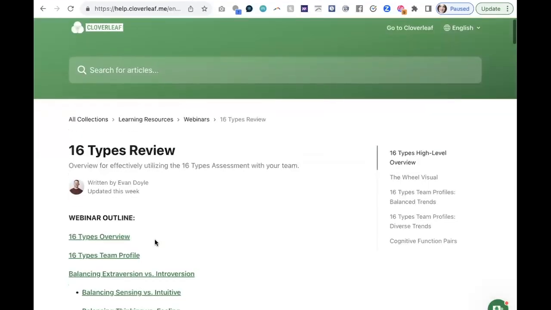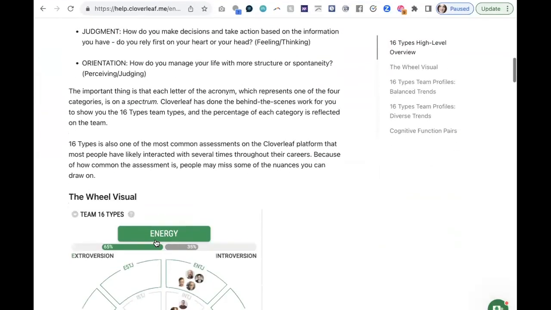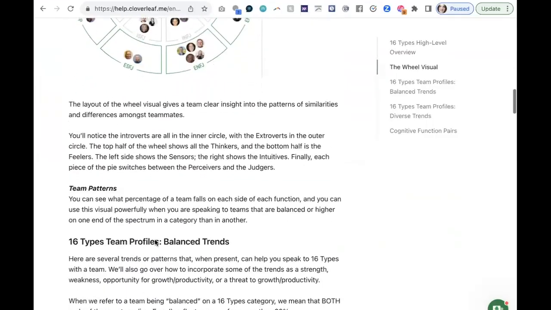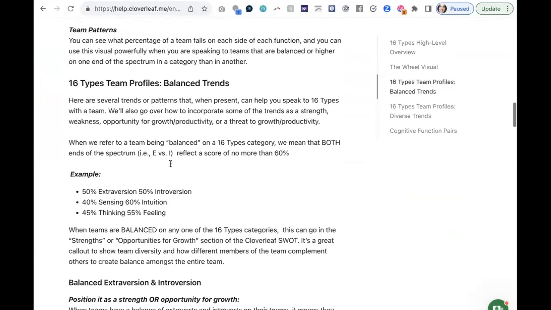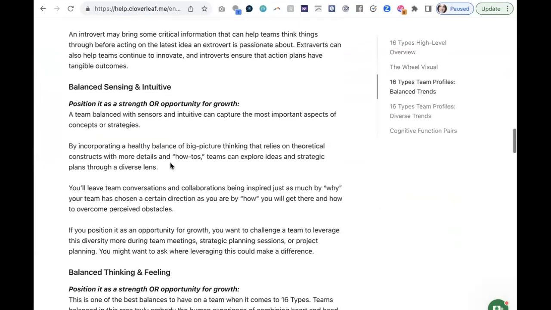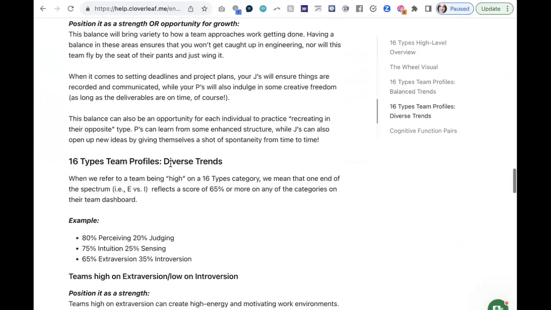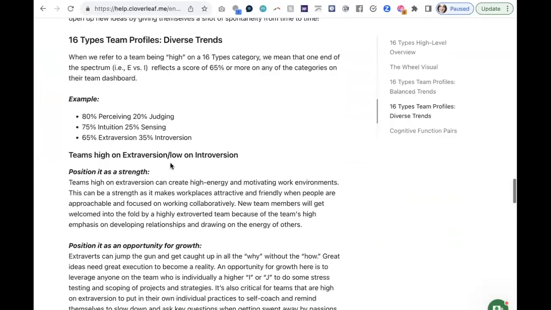If you look at the resource here, I'm going to focus a lot on how to deal with certain teams where you have balanced trends, and then also where you have more diverse trends, where you have a high end of a group of people that are maybe 80% perceiving, 20% judging, similar to that. So that's how we're going to work through it.